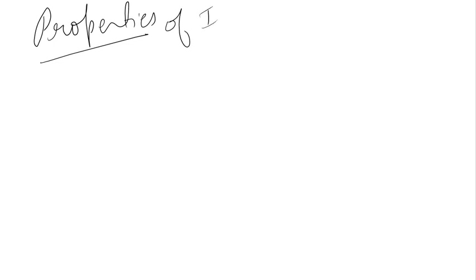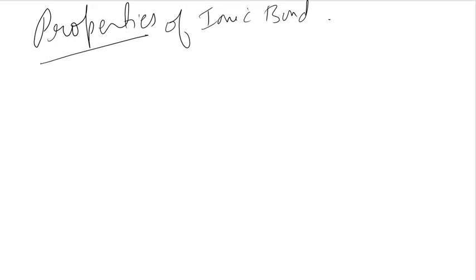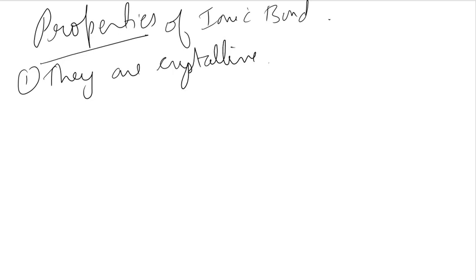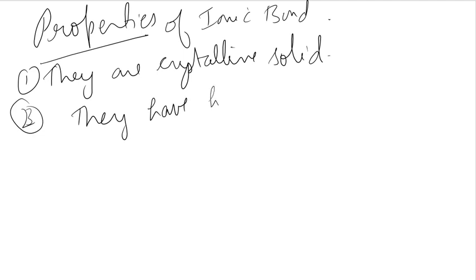Let me discuss the properties of ionic bond. First of all, they are crystalline solids. Next, they have high melting and boiling points.